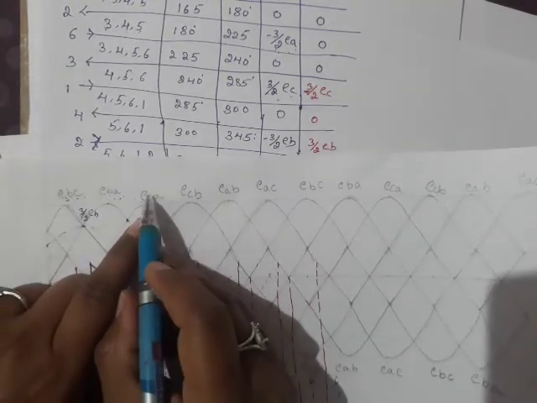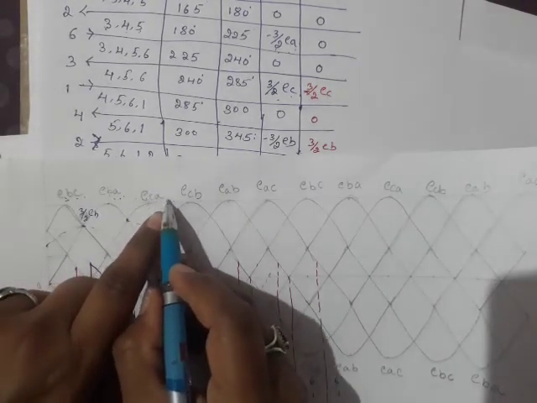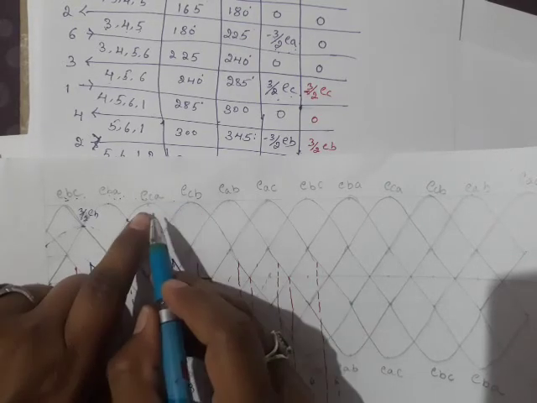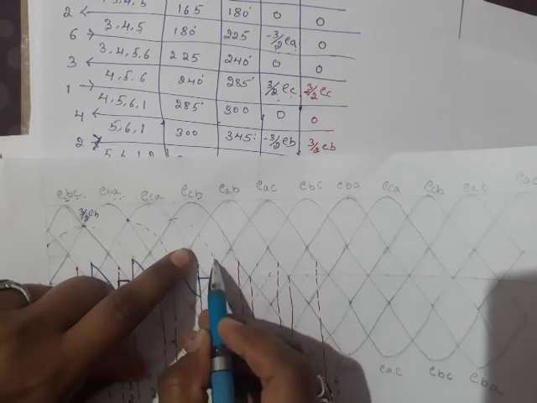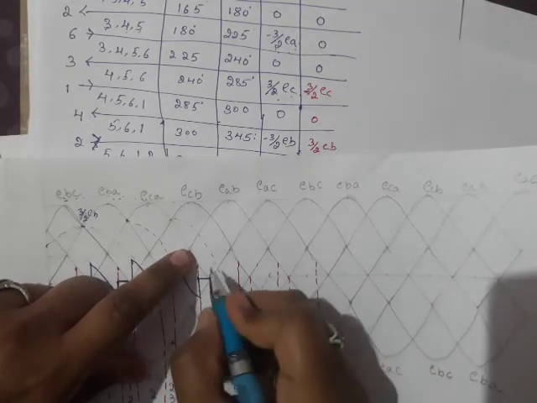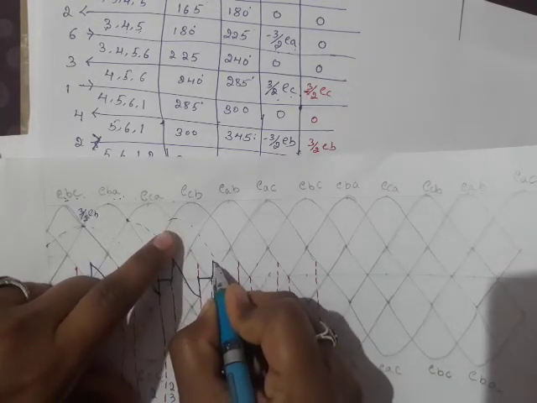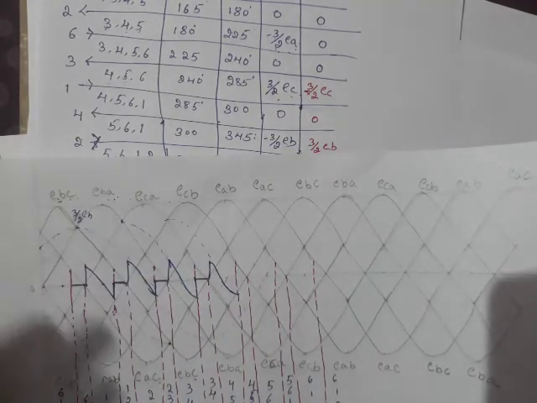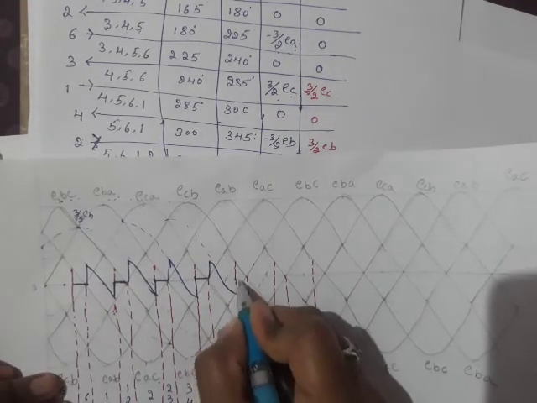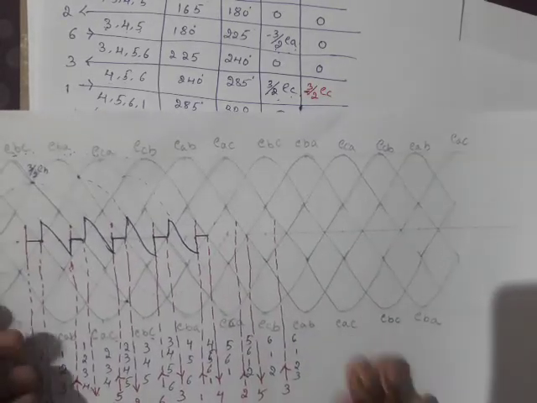Or else you can do it like this. See here, EC minus EA, EC minus EA. So EC is positive. Between these two line voltages, I will get EC. If you draw by yourself, you will understand better. So please try it. Then it will go back to 0 for 4 valve conduction.